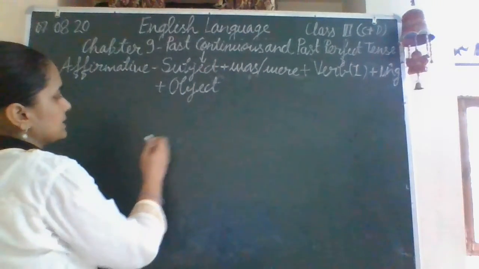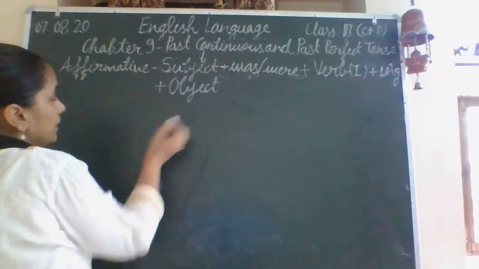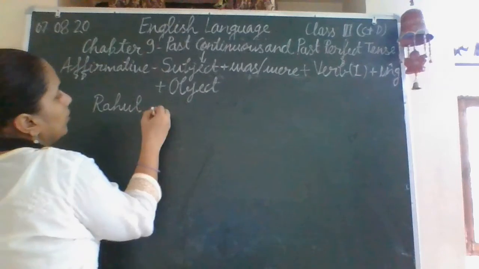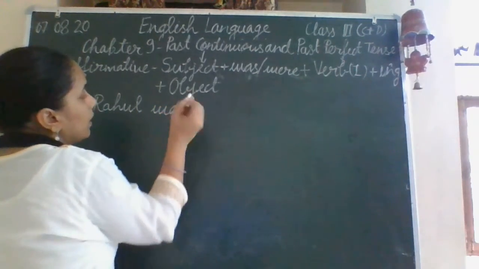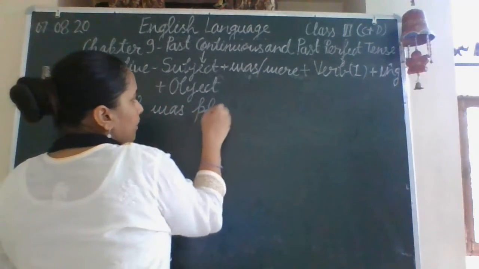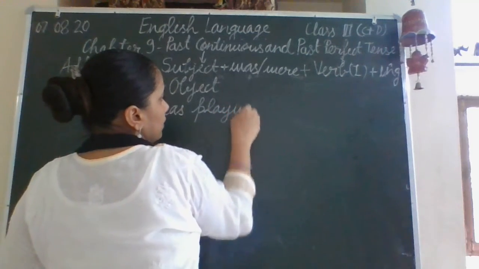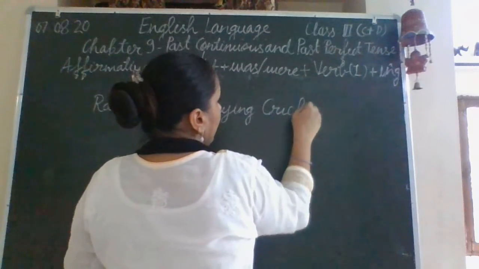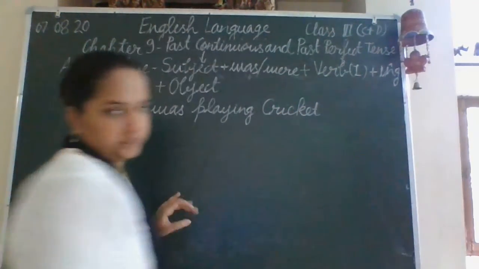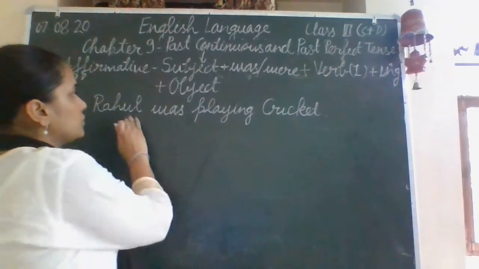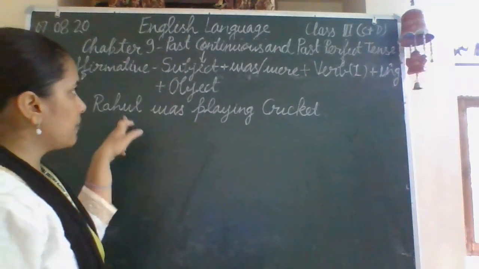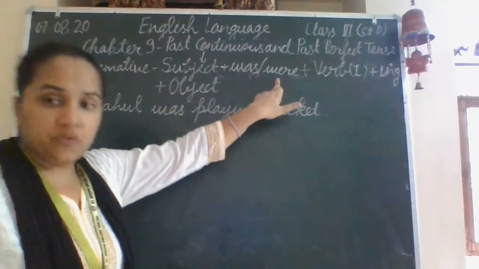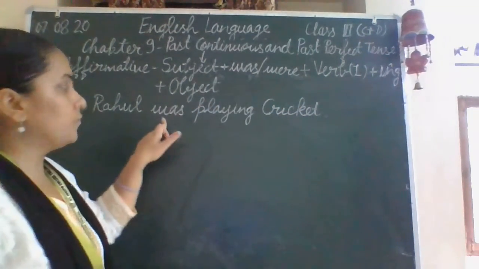Now let's take an example. For example, Rahul was playing cricket. So here we have used Rahul as the subject, and between was and were, here I have used was.